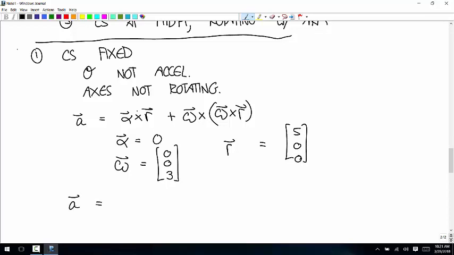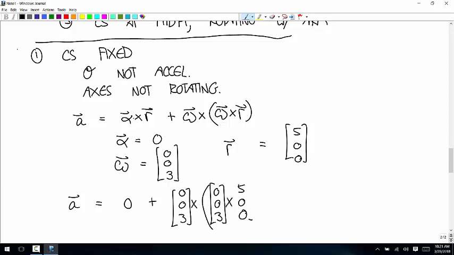So the acceleration is 0 plus 0, 0, 3 cross quantity 0, 0, 3 cross 5, 0, 0.